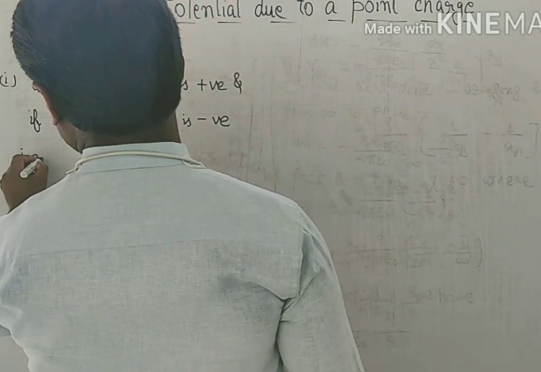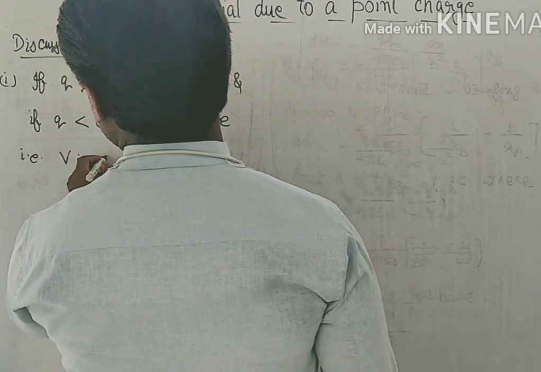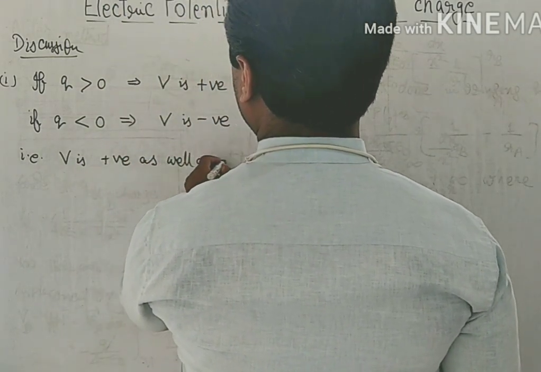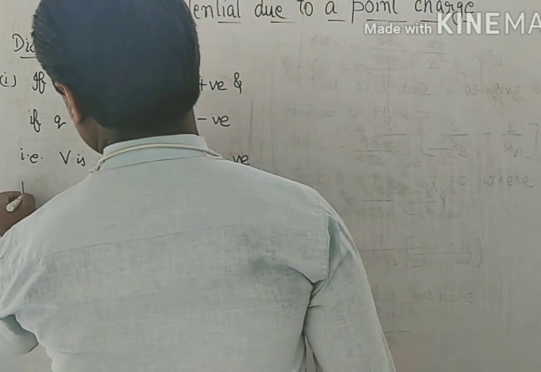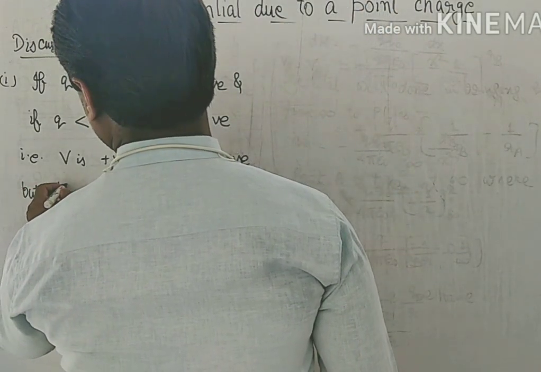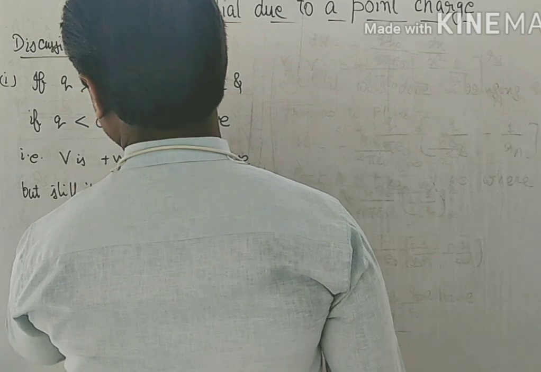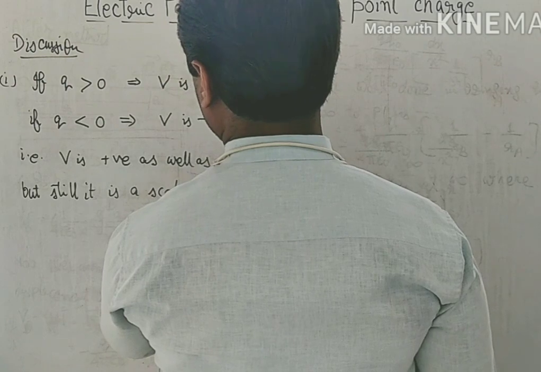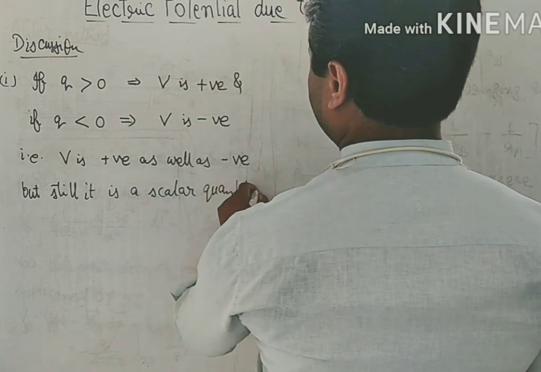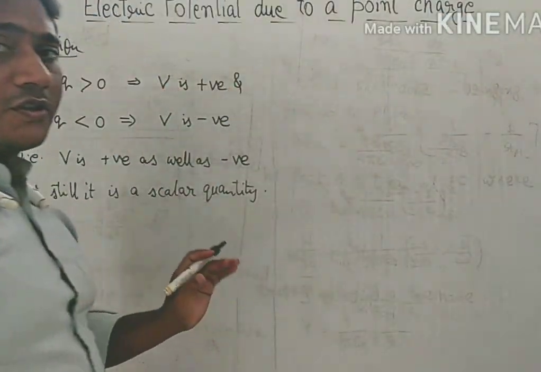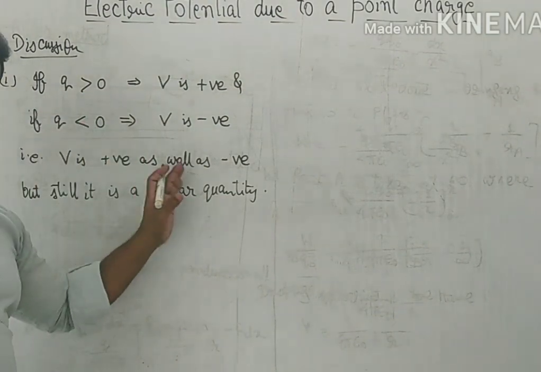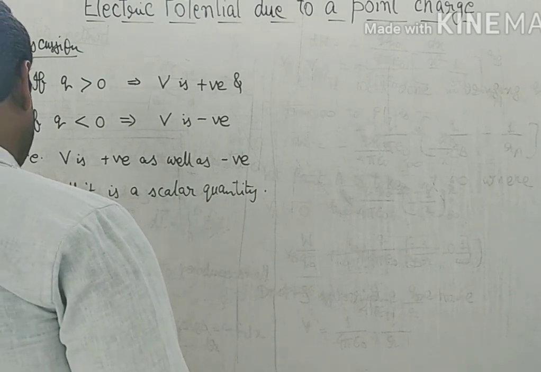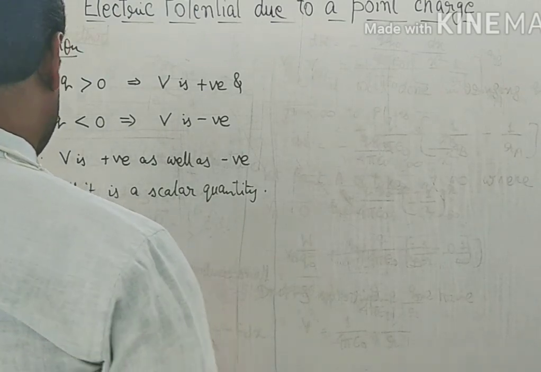That is, V is positive as well as negative, but still it is a scalar quantity. Okay students, so don't make any confusion. Electrostatic potential is a scalar quantity.